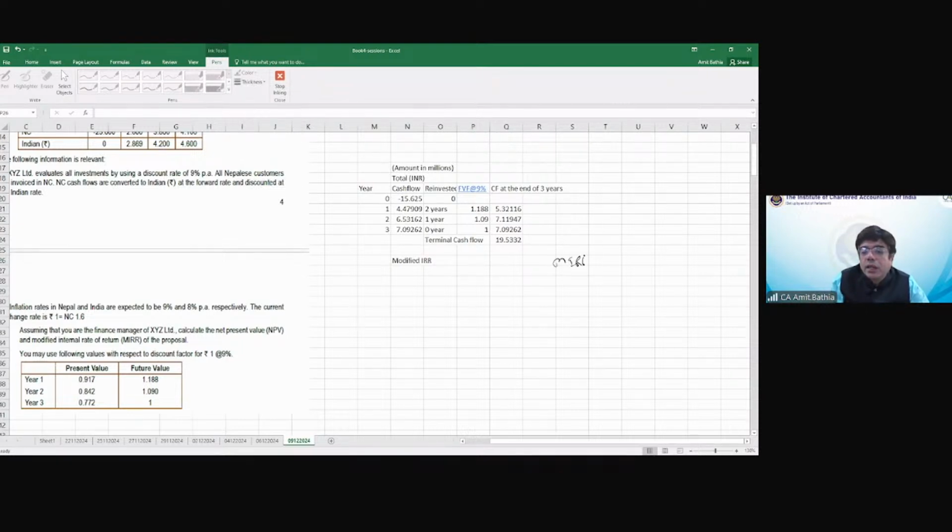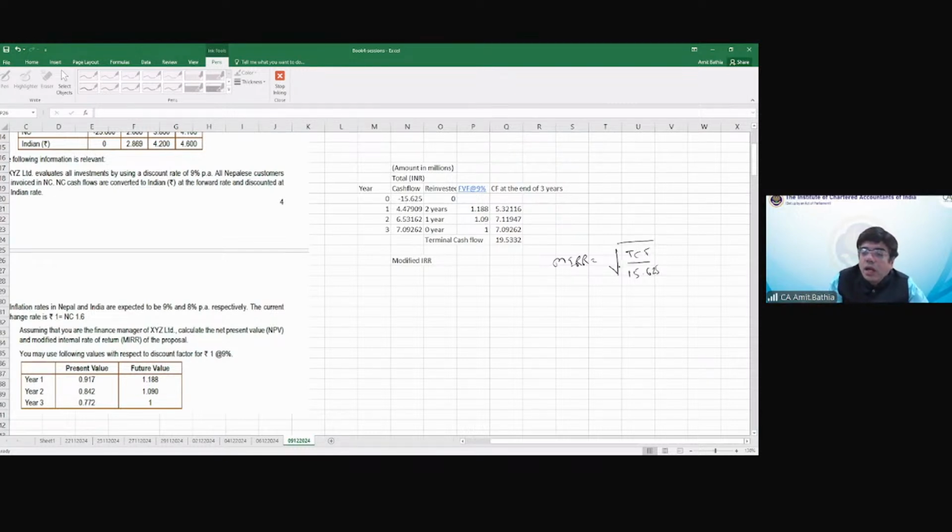Modified IRR is equal to square root of my terminal cash flow. Remember, I'm talking about inflows over here, upon what was the outflow over here? Outflow was 15.625. Am I right?